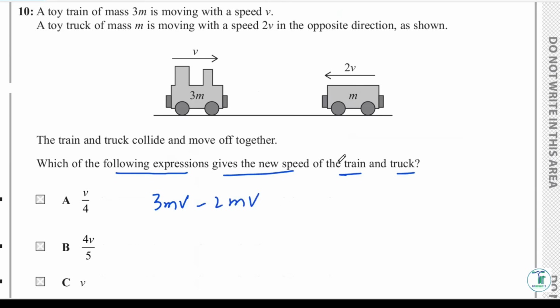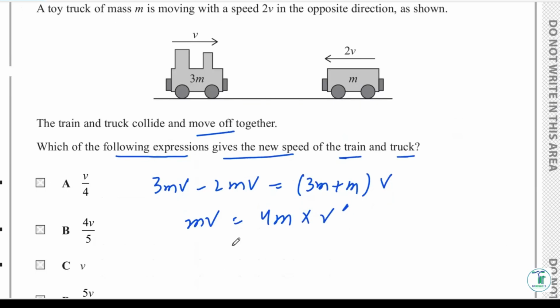And after the collision, they move off together. So their velocity must be the same, but their masses must be 3m plus m times v. So 3mv minus 2mv must be mv, which equals 4m times v'. That is the final velocity, v hash, I can call it. And then v hash comes out to be mv divided by 4m, and that should be v by 4. So A is the right answer.